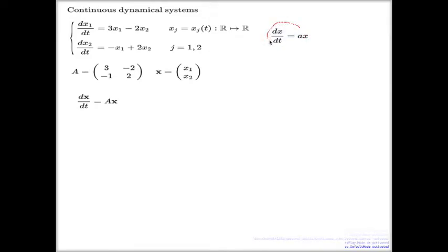This is the numerical analog of what we're looking at here, where x is no longer a vector, where A is no longer a matrix. I will search for the ideas of how to solve this here.